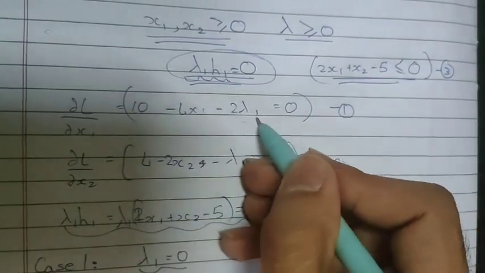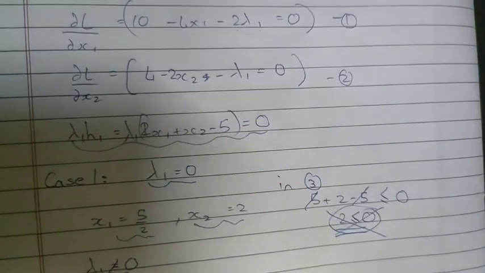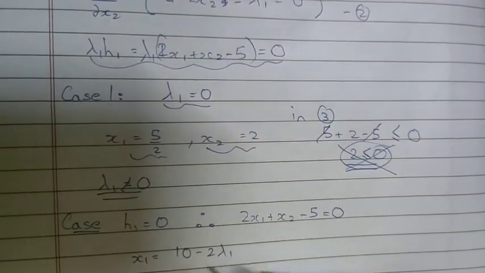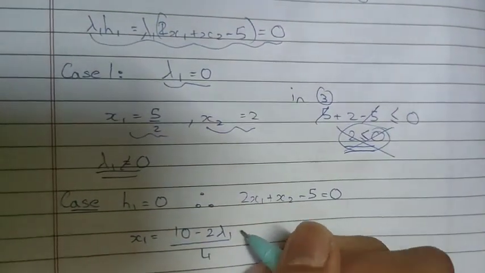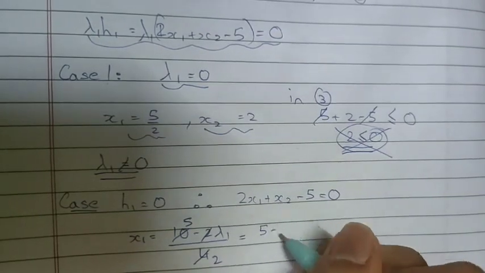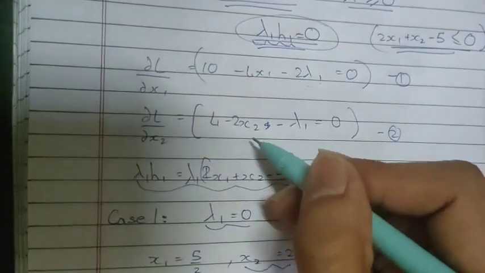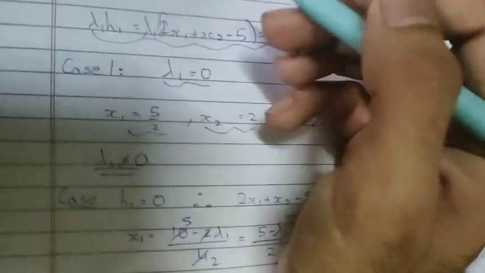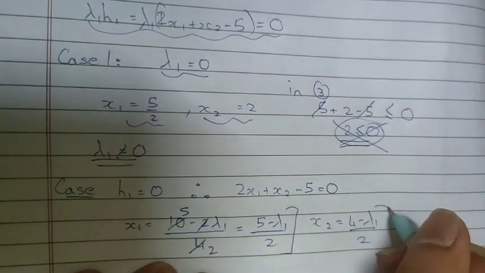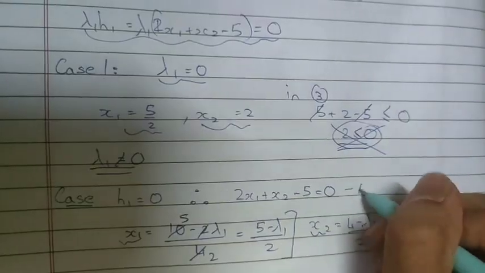From our equations 1 and 2, if we rearrange, we get x1 as 10 minus 2 lambda 1 upon 4, which simplifies to 5 minus lambda 1 upon 2. And for x2, we get 4 minus lambda 1 upon 2.